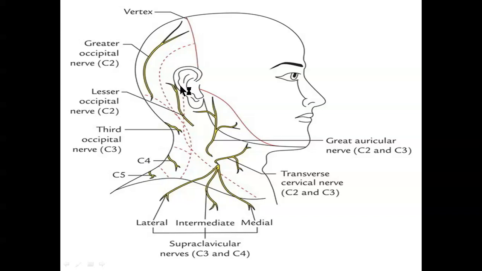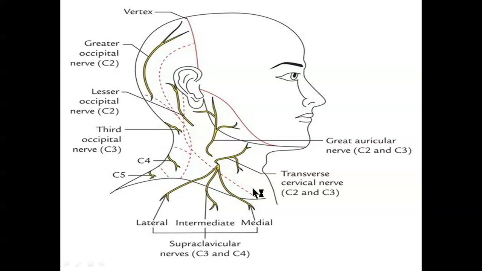The greater auricular nerve will supply mainly the angle of the mandible. The transverse cervical nerve will supply the skin of the anterior neck region, and the lateral, intermediate, and medial supraclavicular nerves supply the clavicular area.